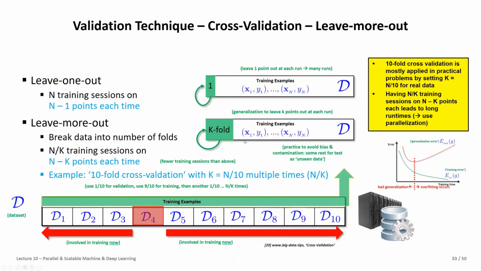In order to counteract these biases and also to more systematically use parallelization, where there are lots of folds in this cross-validation, I'll show you some numbers later, where you have a 10-fold cross-validation. What that means is essentially you train on 9 and validate on the 10th.